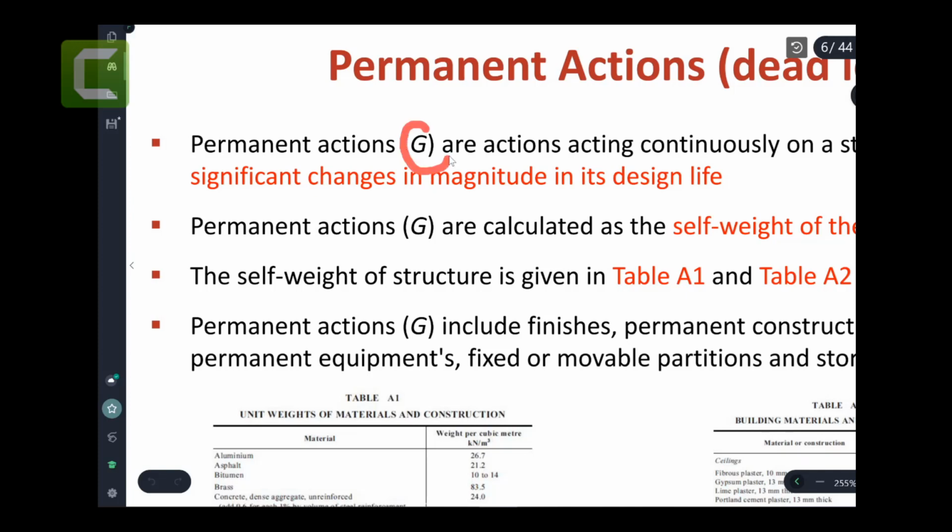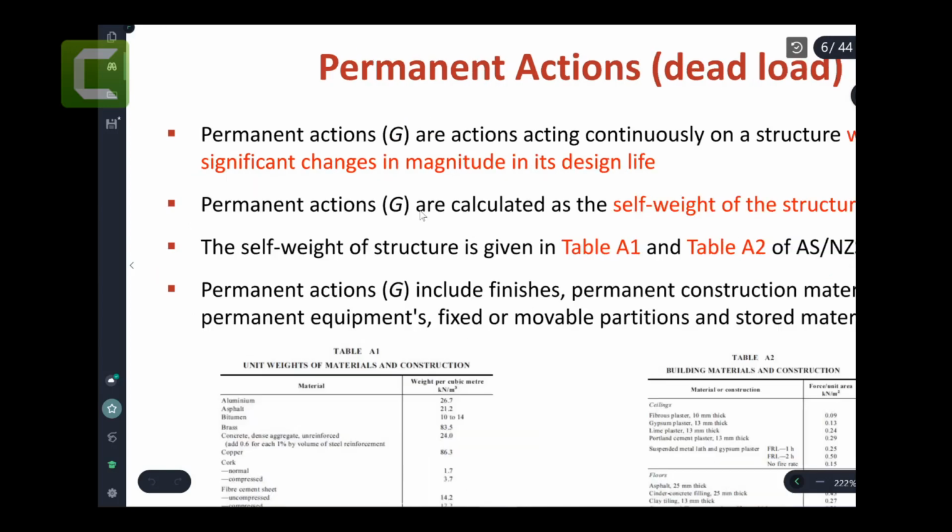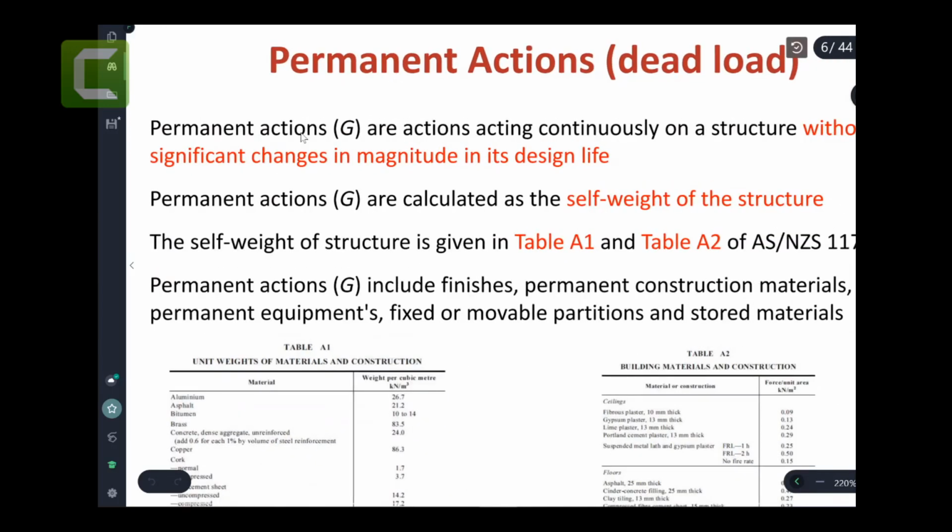So G, in this whole subject, will be considered as the dead load. I don't know why they chose G to be dead load. It has nothing to do with P for permanent, or D for dead load, but just someone who likes it. So we can live with it. G is the dead load, and it's going to act continuously there. It's just there, sustained, which is obviously what the own weight does.